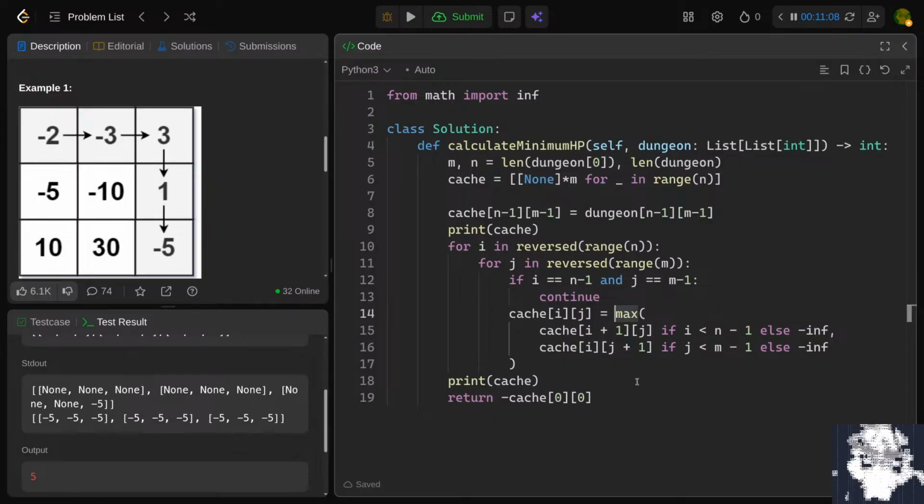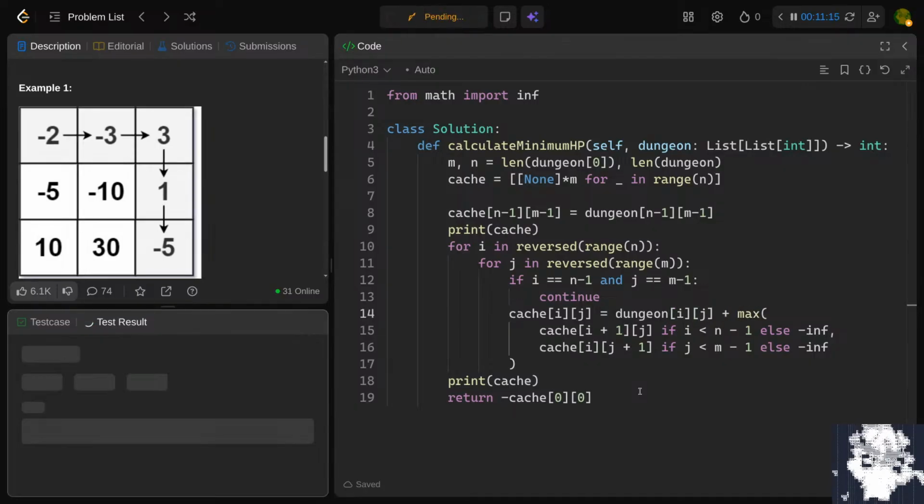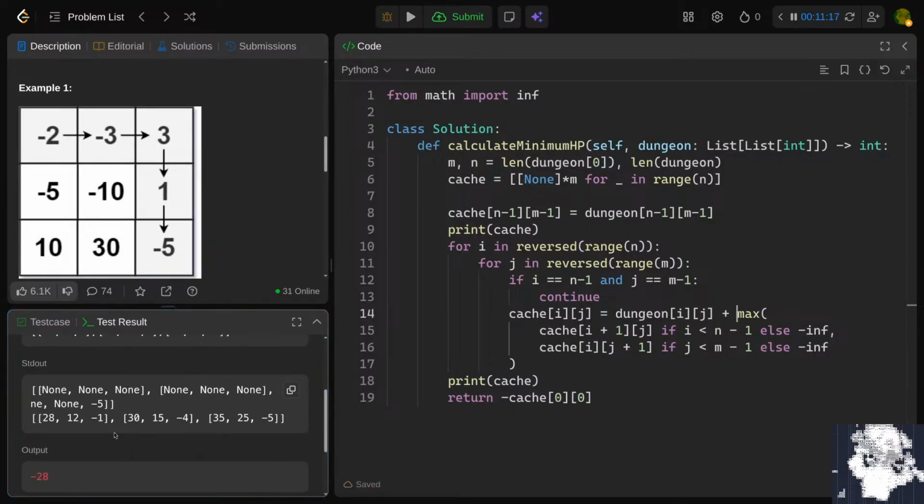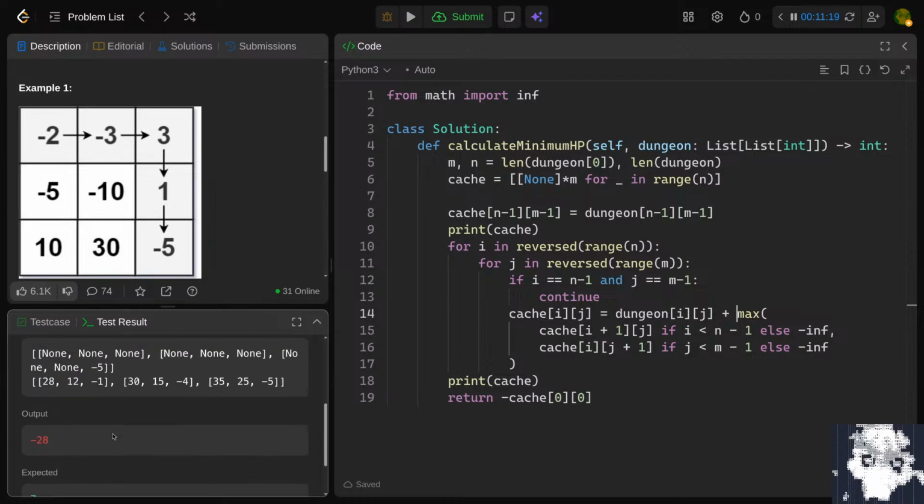Oh, and then I have to add the value of this dungeon cell too. Dungeon of i, j, plus that. Okay, we're getting closer.